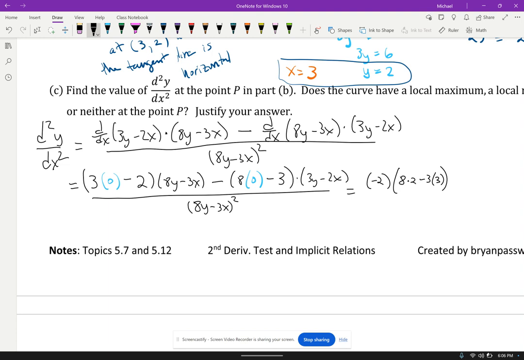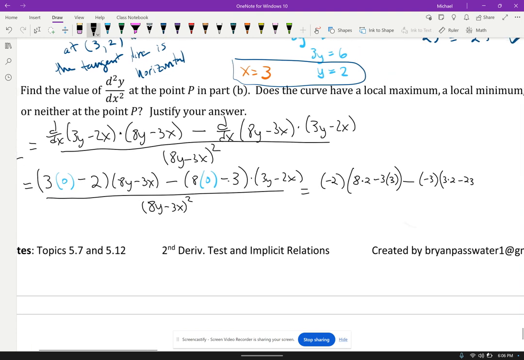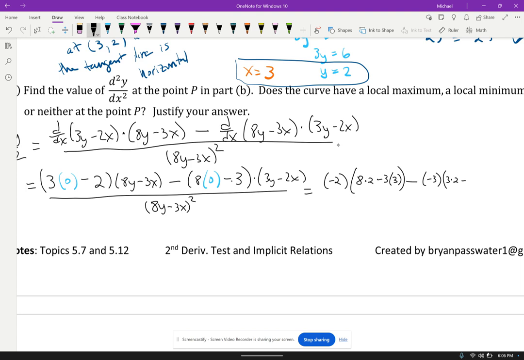And then minus, this is going to collapse to 0, so 0 minus 3 is just negative 3 times 3 times the y coordinate minus 2 times the x coordinate, all divided by 8 times the y coordinate minus 3 times the x coordinate, squared.